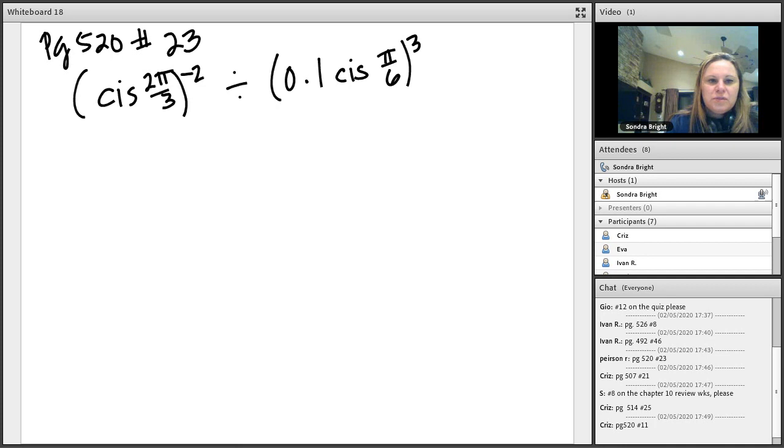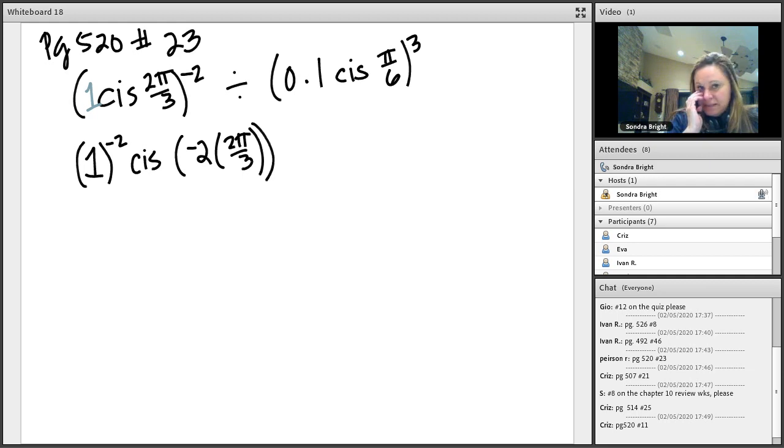You're going to use the power rule that says, there's an invisible 1 right here in front, by the way. So 1 cis 2 pi over 3 to the negative 2 power is a 1 to the negative 2 power cis negative 2 times 2 pi over 3.